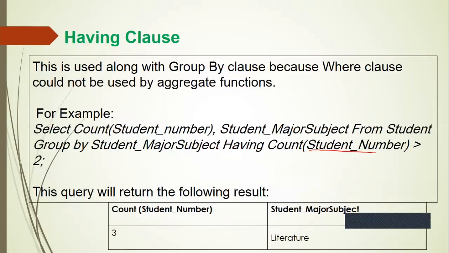So: select from student, group by student major subject, having count of student number greater than 2. And in output, count of student number and student major subject, you get 3 and language.